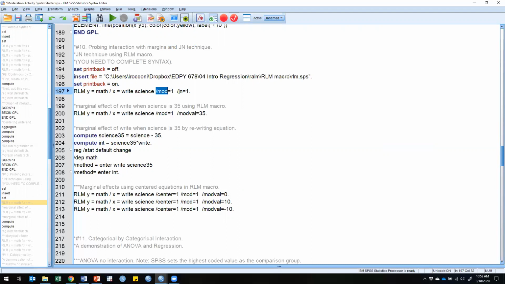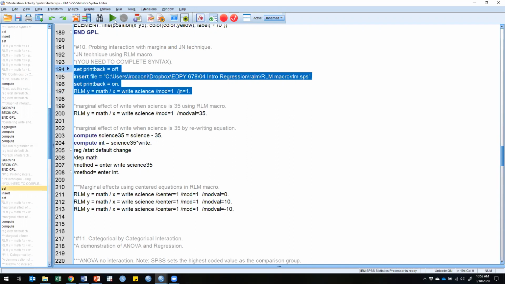This is to say create an interaction term, and this part is to run the Johnson-Neyman technique. Appendix A in the textbook gives you all the details about this macro, but I'll try to explain it as we use it in this class as well.